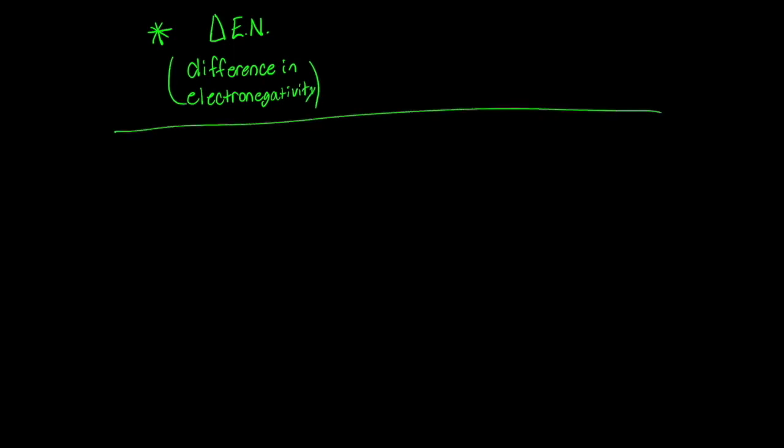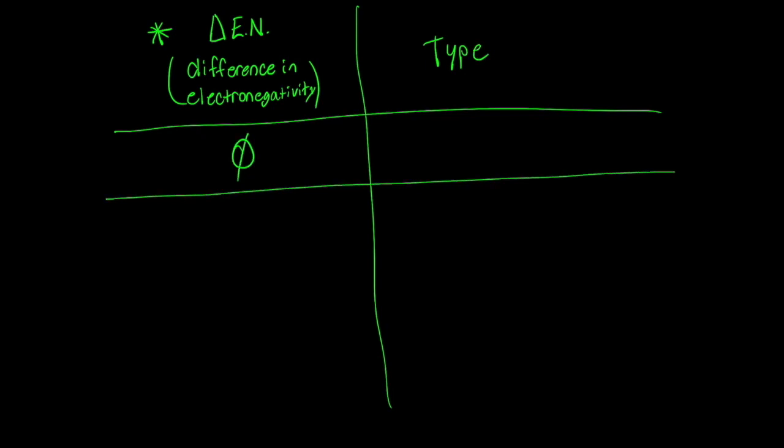So, if the difference in electronegativity, I'm going to use this notation later, so I'll define it here. Okay, so if the difference in electronegativity is 0, okay, we are going to call that pure covalent.